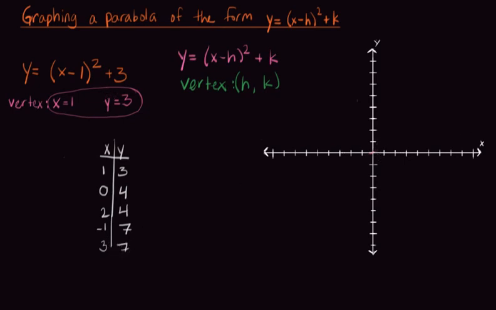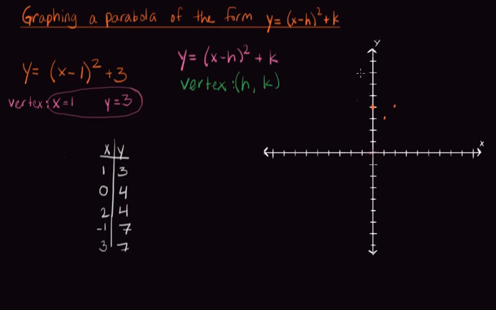So let's go ahead and plot these points now. So we have 1, 3, we have 0, 4, and 2, 4, negative 1, 7, and it's actually not quite where we want it to be.